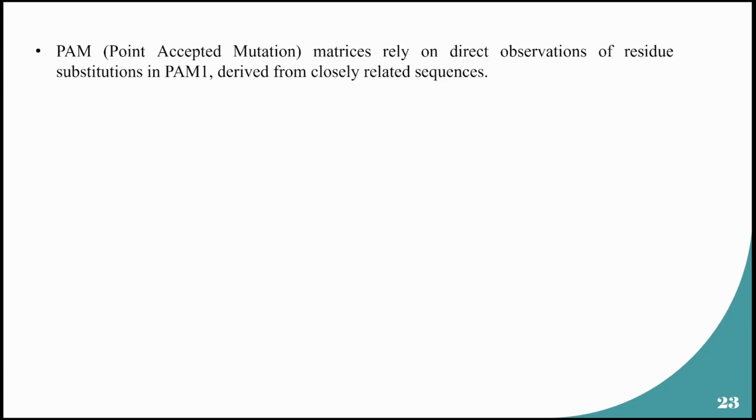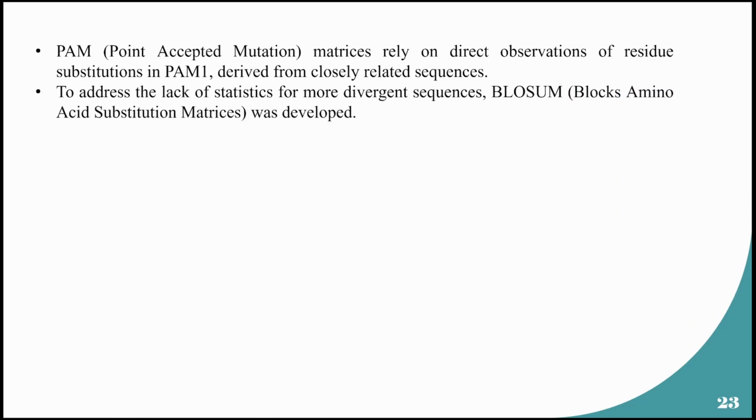There was another matrix constructed very similar to it, where in the case of PAM1, we took into account the lower PAM score for the more evolutionarily similar sequences. But here you will see a certain difference with the next matrix that we are going to discuss, which is the BLOSUM matrix, right?